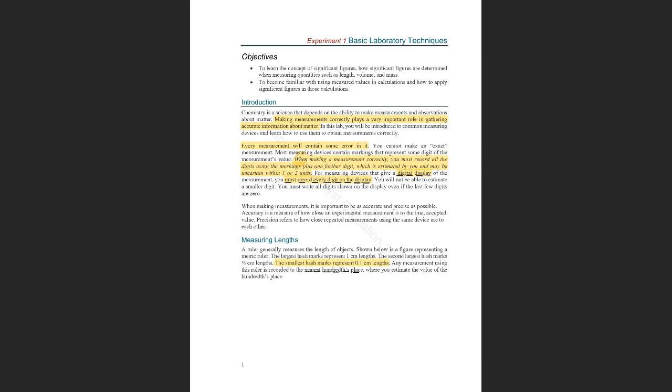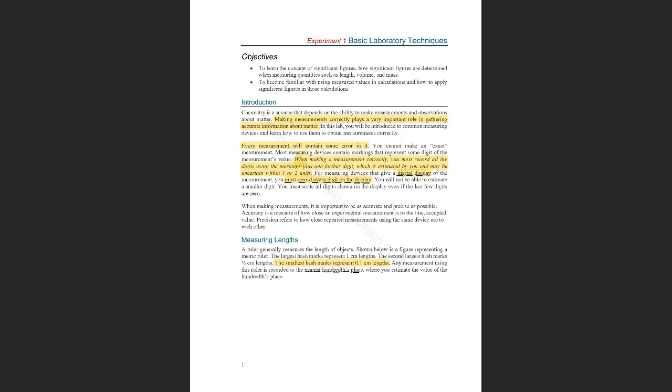So here in the introduction, when you read the introduction in the first experiment, I highlighted what I consider is the most important: when you are in a laboratory, it is very important to make measurements correctly.